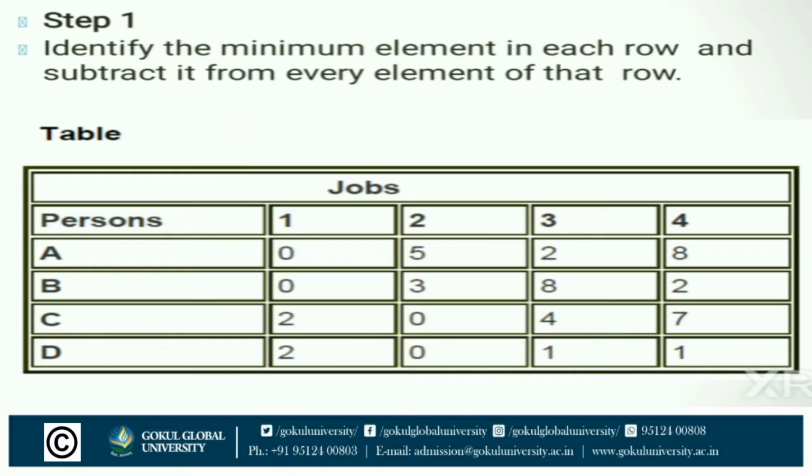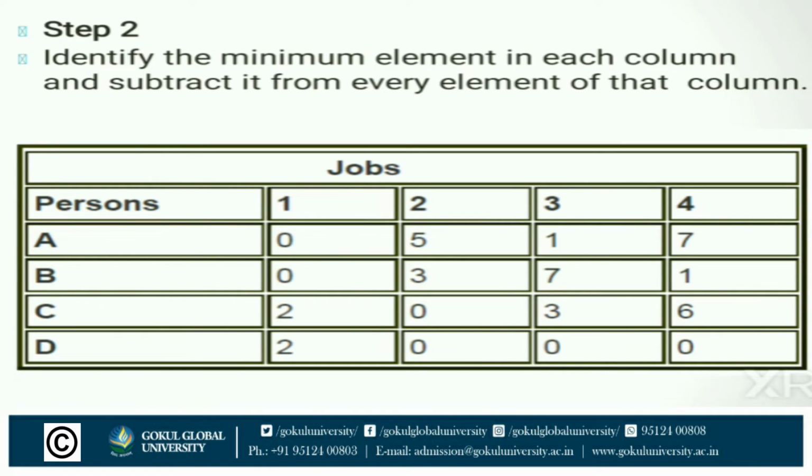The third row has 0, 1, 0 and the fourth row has only a single 1, 0. Now every row has a zero, but looking at the columns, the first column has 2 zeros and the second column has 2 zeros, but the third and fourth columns have no single zero. So we go to the next step.